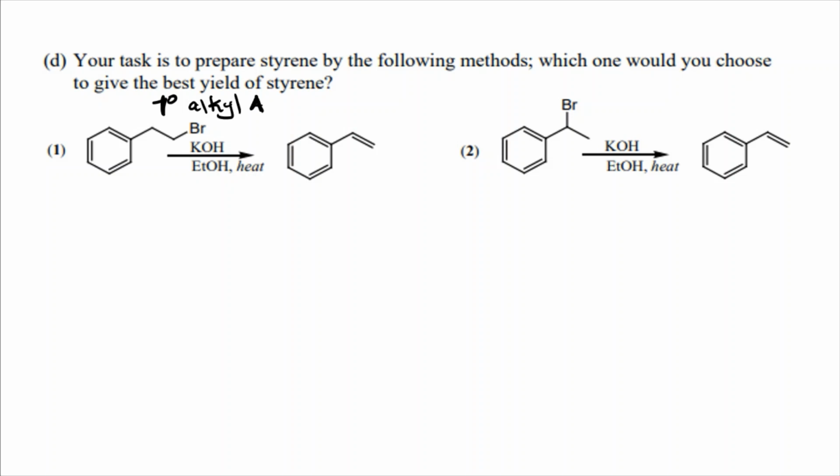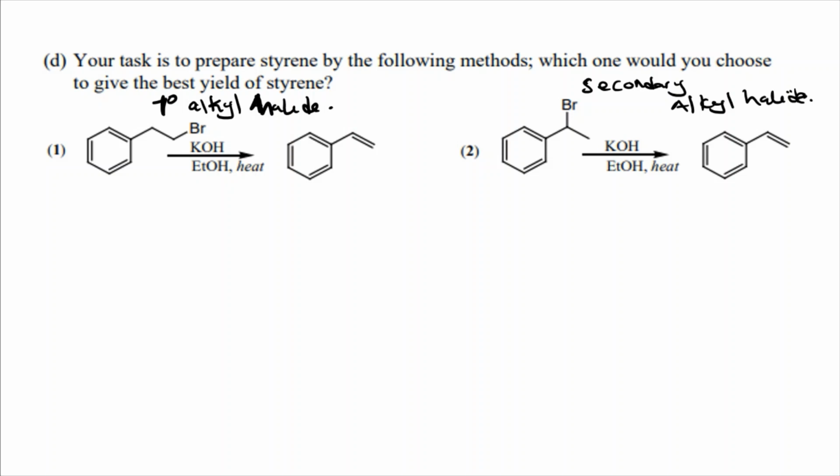This one is a secondary alkyl halide. So now they're saying which one is the best method to yield this product here?